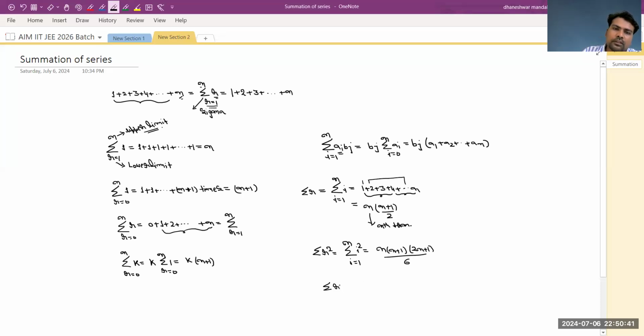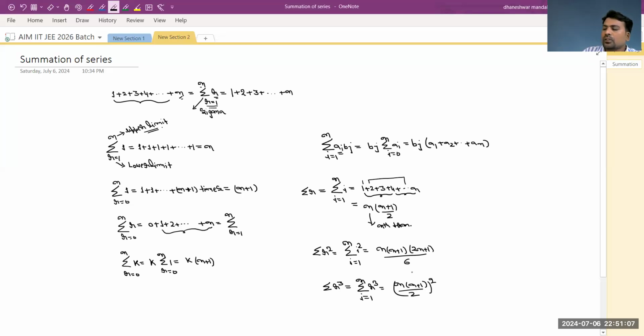One more formula is the summation of r cube, with i equal to 1 to n, which is n times n plus 1 by 2 whole square. For the proof of these formulas, you can watch my other lecture where I prove all three.